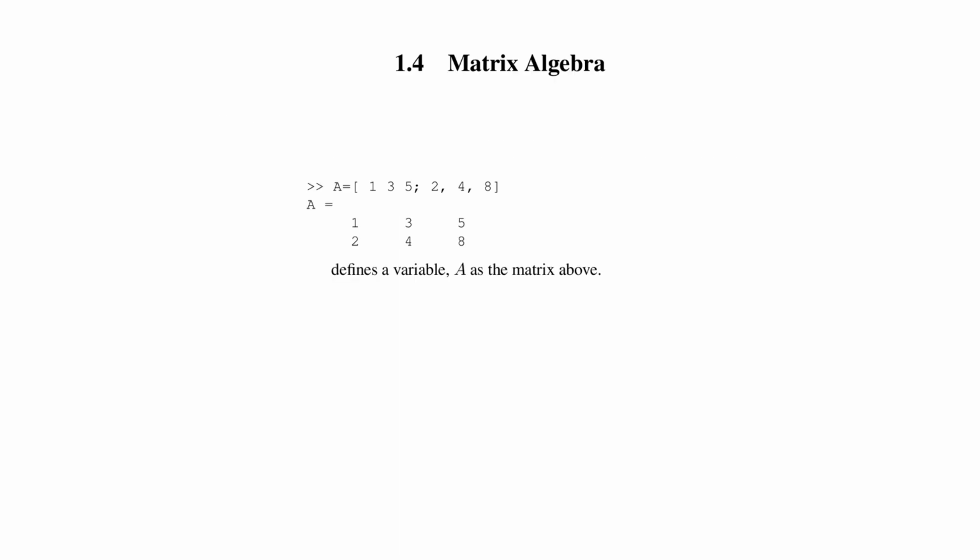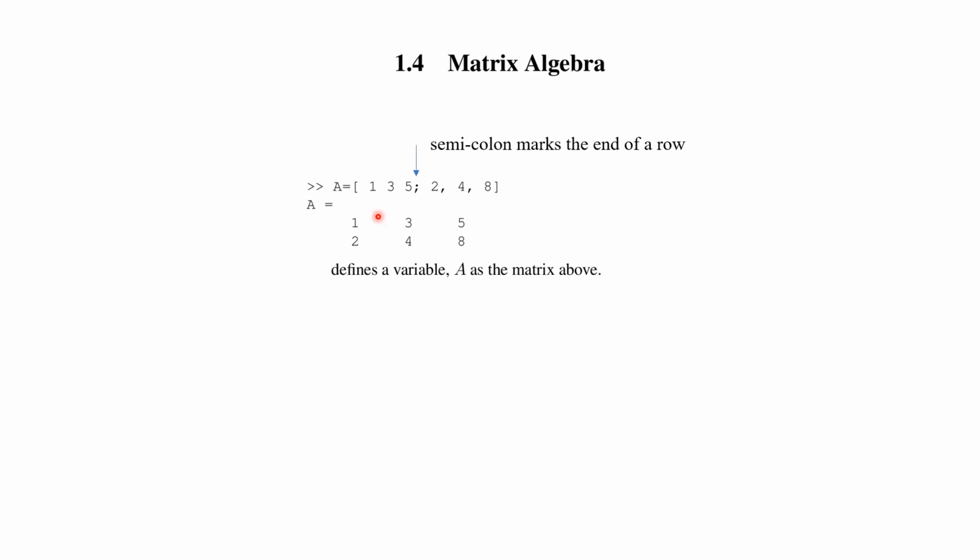In MATLAB, you construct a matrix, so we call it A, give it a name. So you want a 2x3 matrix. You start off with the square brackets, and you indicate the end of a row with a semicolon.